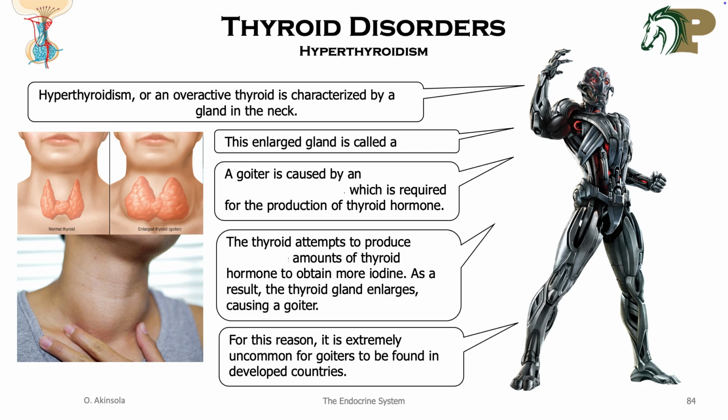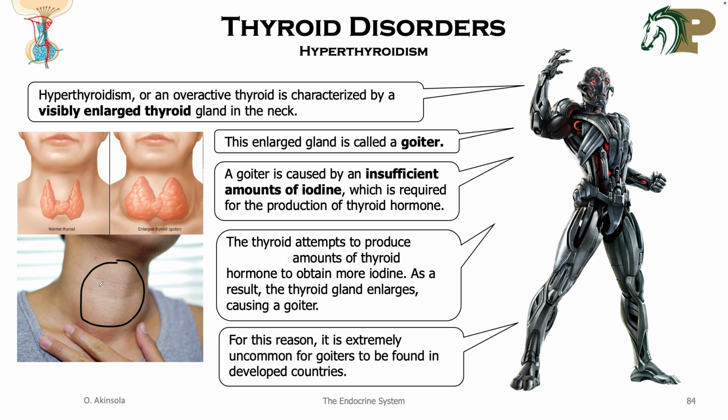But hyperthyroidism, or an overactive thyroid, is characterized by a visibly enlarged thyroid gland in the neck. The enlarged gland is called a goiter. So this is a goiter right in here. Okay. The goiter is caused by insufficient amounts of iodine, which is required for the production of thyroid hormone.